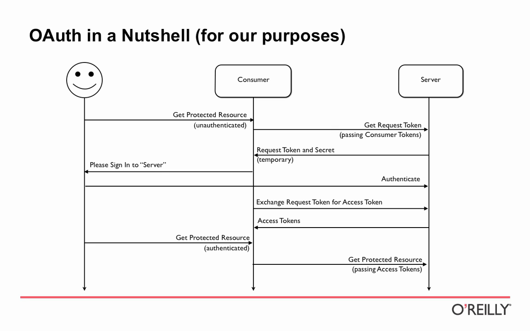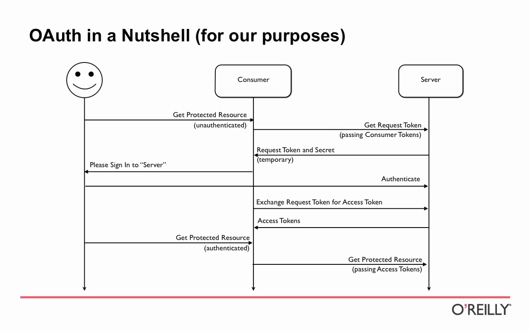So it's kind of a complicated dance that goes on all behind the scenes, just so that the third-party application doesn't ever store the password. But apparently this is the way things are going on the web, so this will be a nice exercise for you to get some experience with how OAuth works.